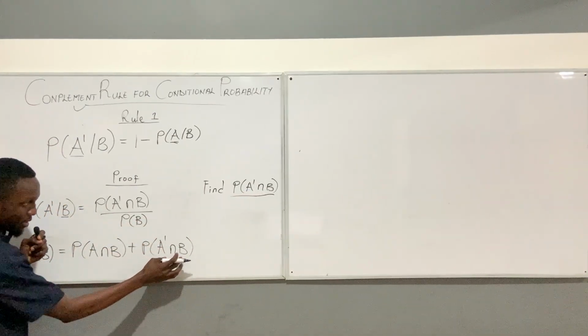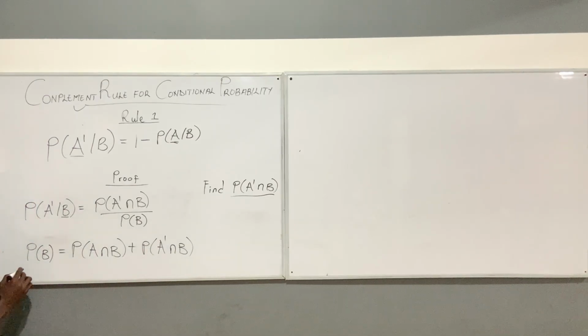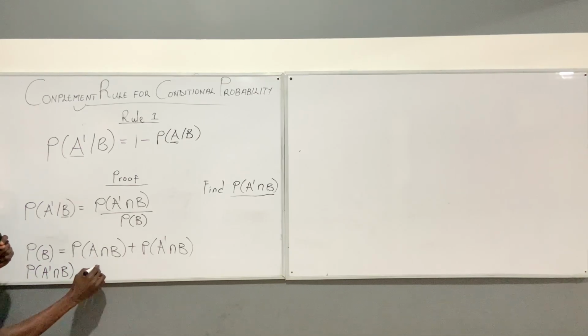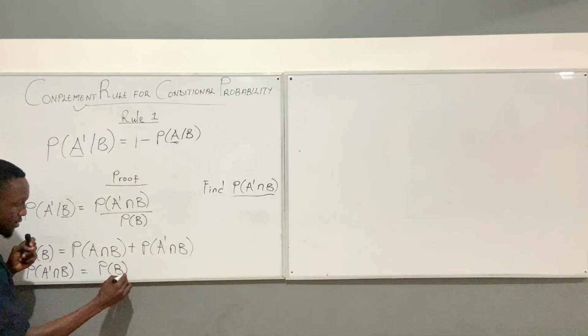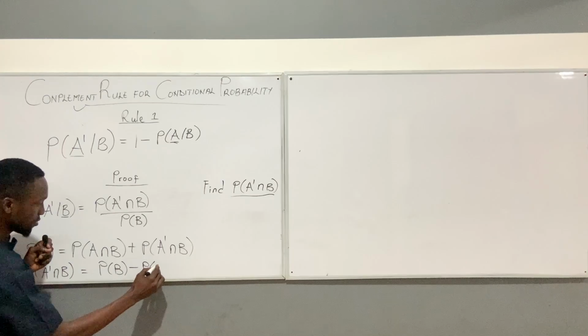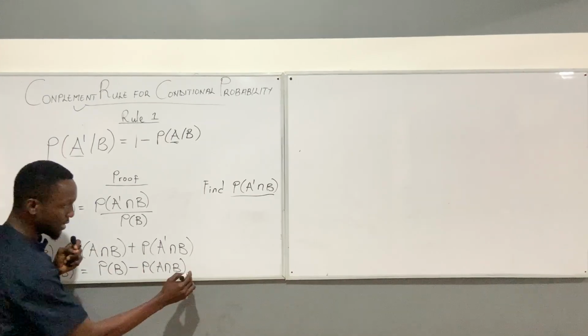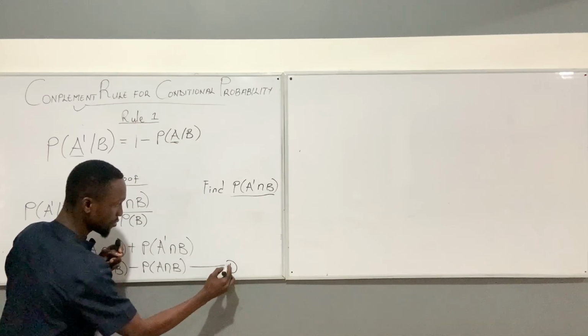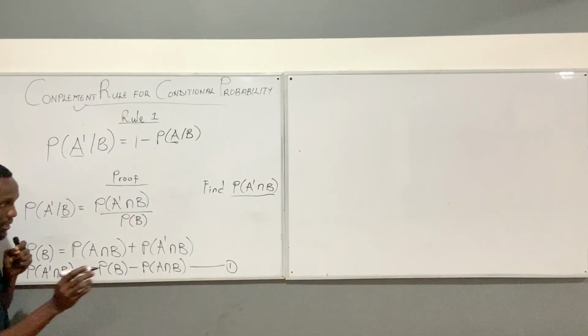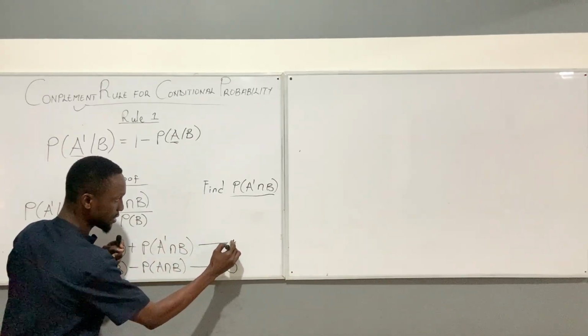So if I want to make this one the subject, what am I getting? I'm getting probability of A complement intersection B is going to give us the probability of B minus the probability of A intersection B. Let's label this one equation 1, and let's label this equation star.